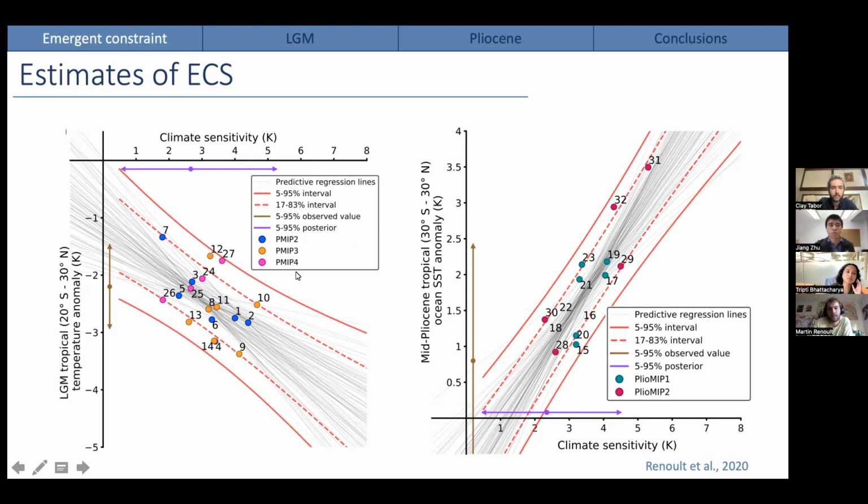And one of the reasons is, you can see, again, that the quality of the correlation at the LGM is just not good. Models are going in every direction, and they don't seem to really agree with each other on what they're doing, despite agreeing quite well with what the reconstruction is telling us.